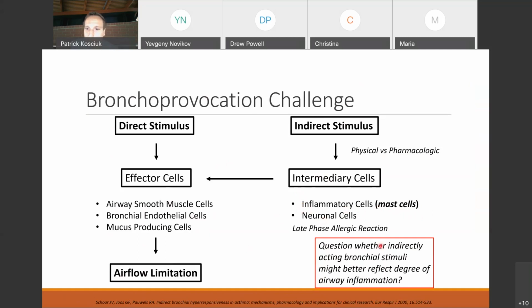And so we call this entire column here the late phase allergic reaction. And this is essentially the direct early phase allergic reaction. So whether the stimulus that's acting on these cells is associated with exercise, being physical, pharmacologic, being increased osmolarity or tonicity of the solution going into the airways, they're arguing maybe this is promoting more inflammation in these airways.